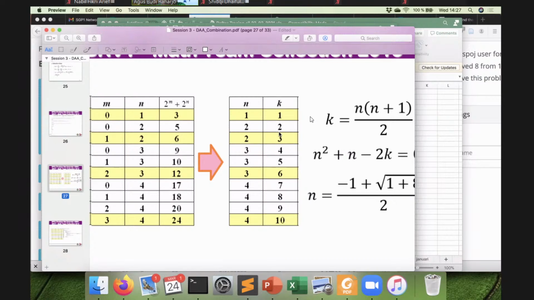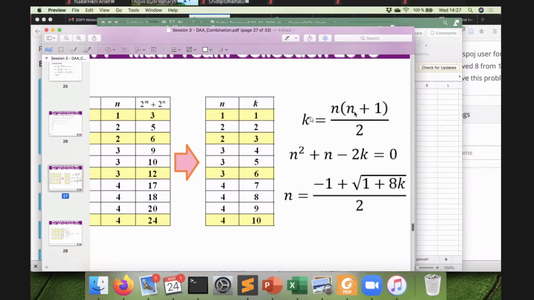Firstly the k, as you can see k over here, this is n plus 1. This is arithmetic progression. Then we can move it like this. We make a quadratic equation, a polynomial quadratic. This one, n square plus n divided by 2, so 2 multiplied by k.